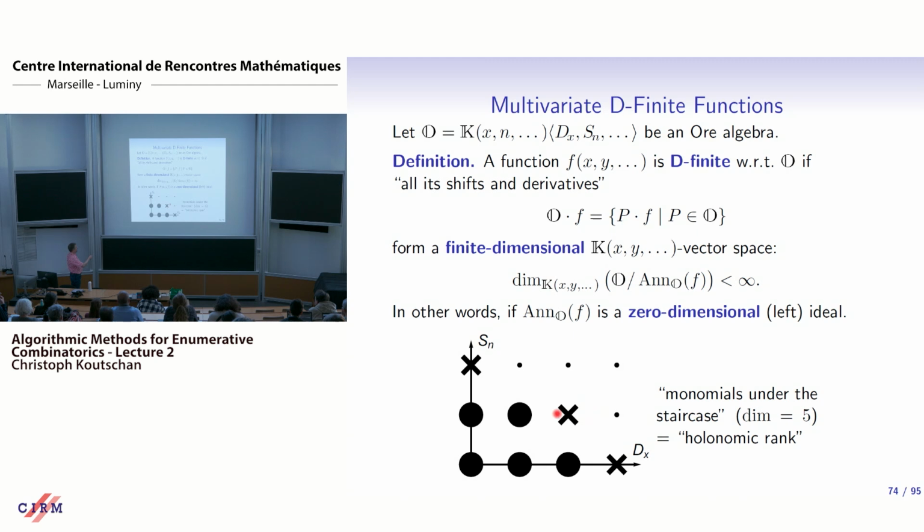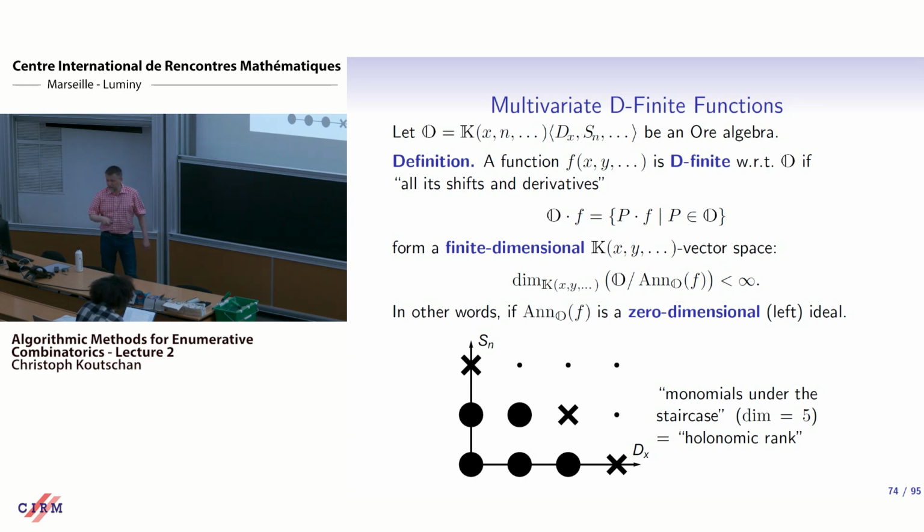And there's another one that is here. And all the monomials where we have dots here are so-called irreducible. They are under the staircase. You can think of a staircase here. They are below the staircase, and somehow their number characterizes how complicated this function is. So we call it the holonomic rank of the function, and the higher the holonomic rank is, the more complicated it is to deal with this function.